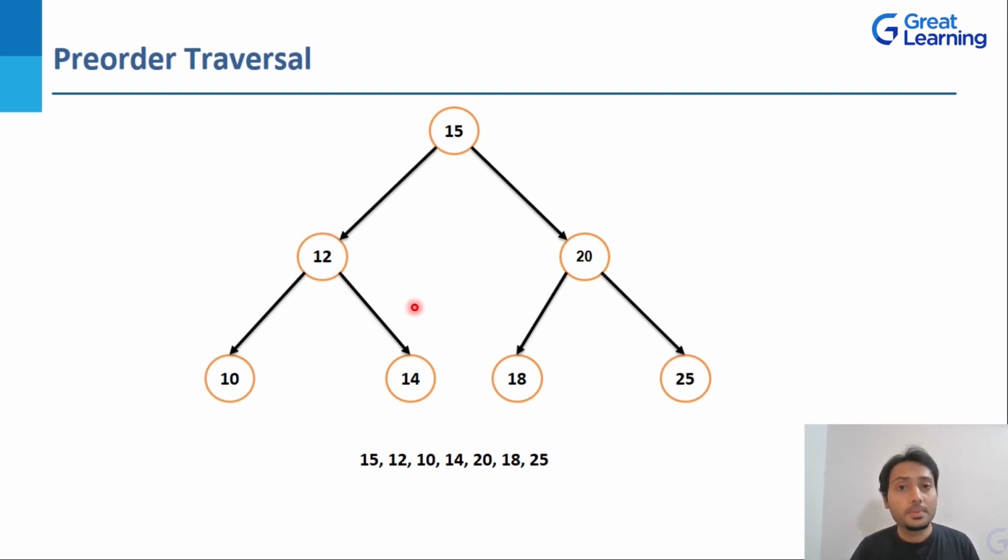Here again, if you observe, we have a tree, which is a left subtree. This left subtree must also be traversed in a pre-order manner. So again, I'll apply the same rules. I have the root of this subtree, which is 12, and I'll make a note of it here as well.